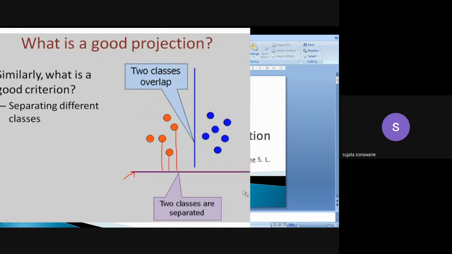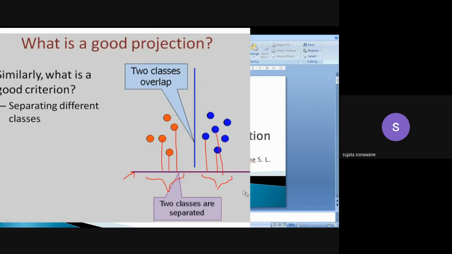Now these orange points are mapped over here, and these blue points are mapped over here. So it means you can separate them. Whatever points lie over here will be one class, and whatever points lie over here will be your second class. So they can be separated over here.